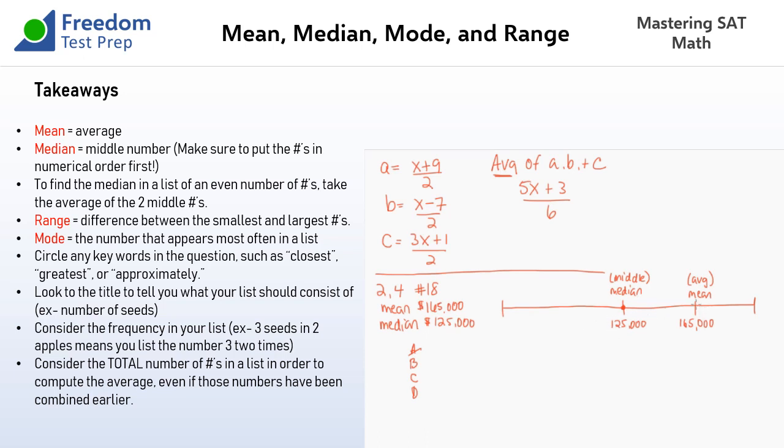But let's look at the mean. Now, the average is, remember, we're adding up all the values and then dividing it by the number of values. So if this is the middle, in order for the average to be this much higher, we need to have a bunch of houses that are definitely higher in value, right? We need to have, let's say, homes that are $200,000 worth.